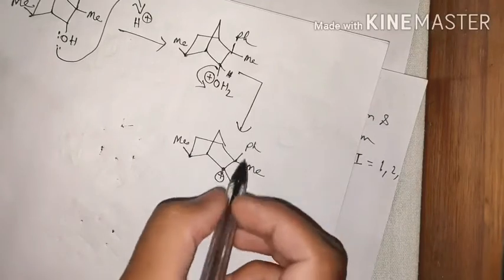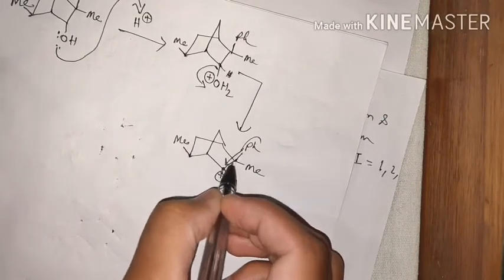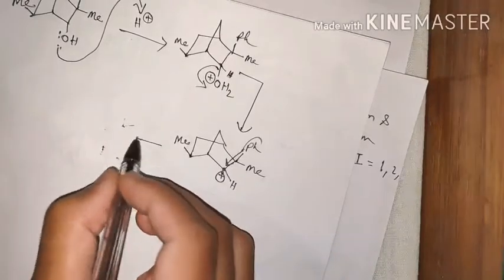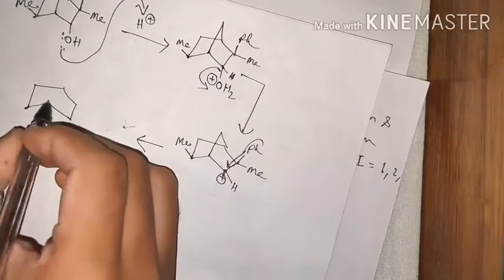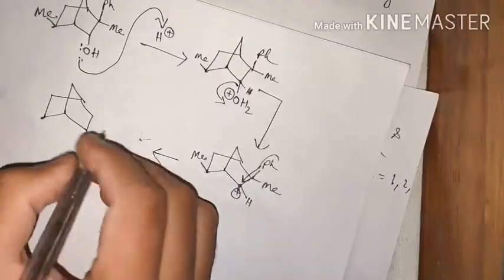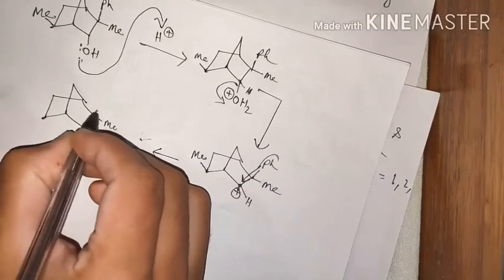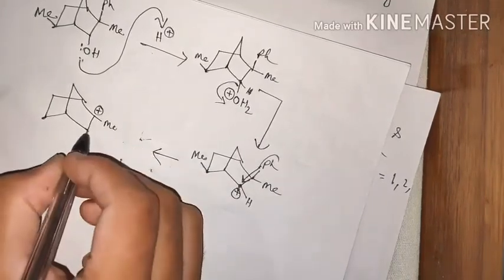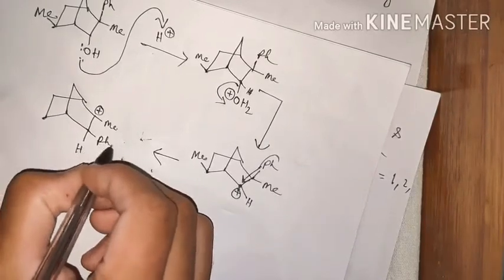Now what happens, this phenyl will migrate to this position. So now this becomes positive here, and phenyl will come here.